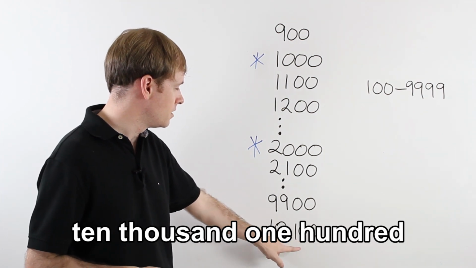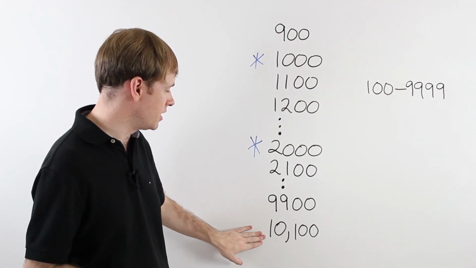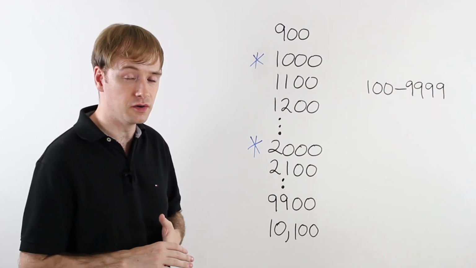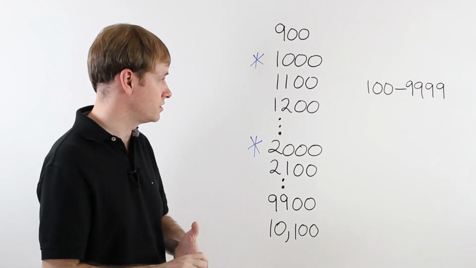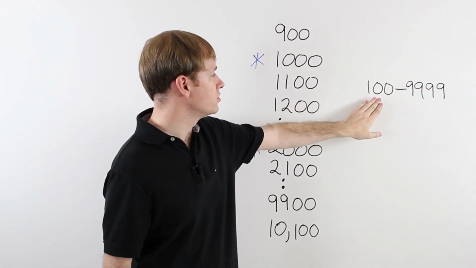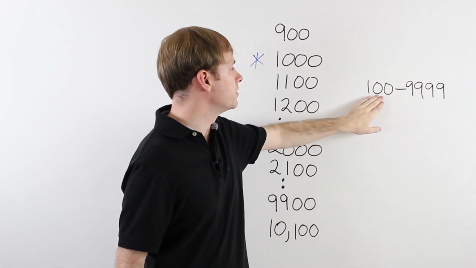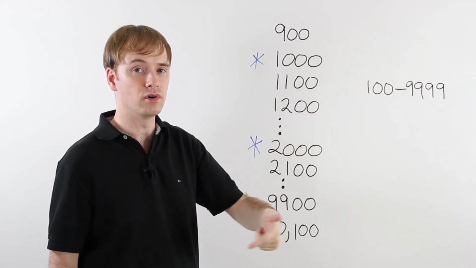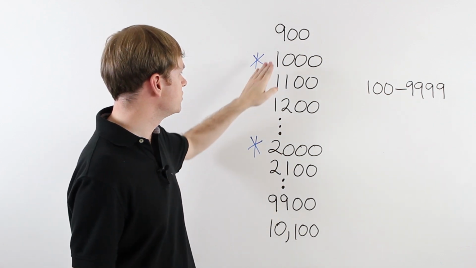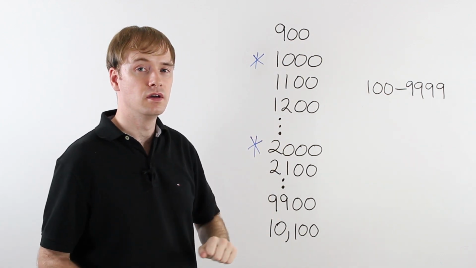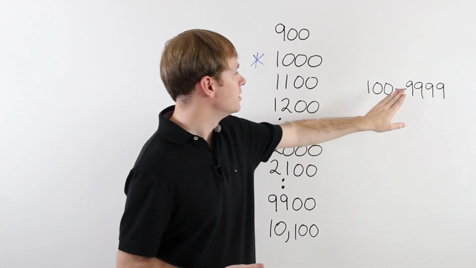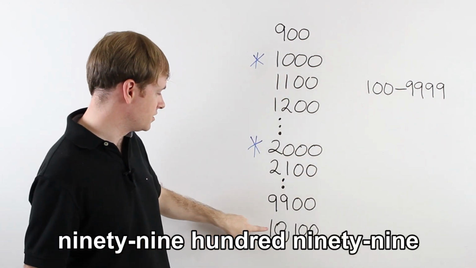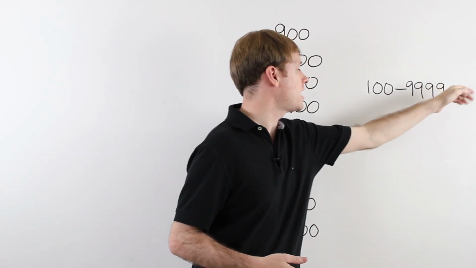Okay, this can be said as ninety-nine hundred, but when you're getting into bigger numbers, you have to stop saying hundred and change to thousands, okay? So you can say hundred between these numbers, all right? So from 100, 200, 300, 400, 500, all the way up to 1,000, 2,000, up until 9,999.